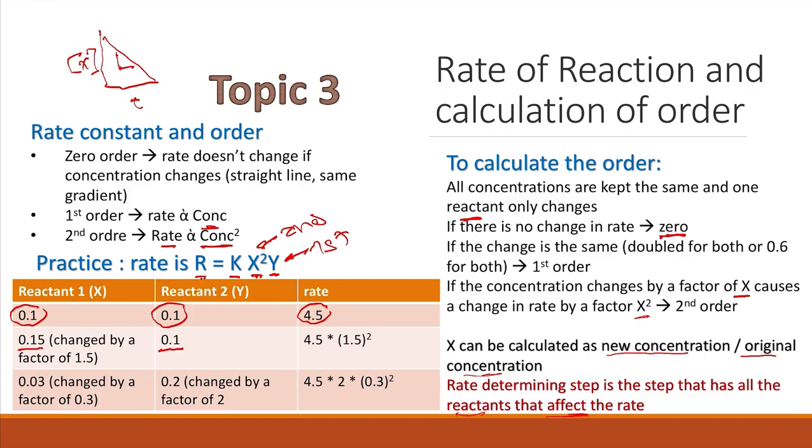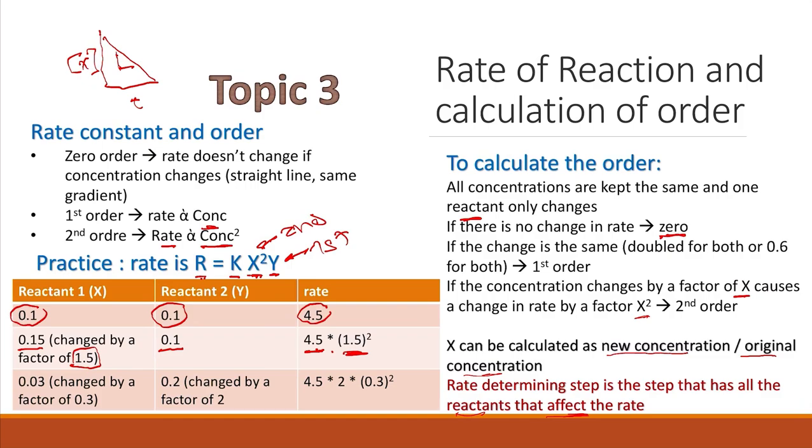We know that it's second order for X, which means that the change in the rate will be multiplied by this factor squared. So now when you divide 0.15 over 0.1, that's a change in the factor by 1.5. So the rate now will be 4.5 times 1.5 squared.